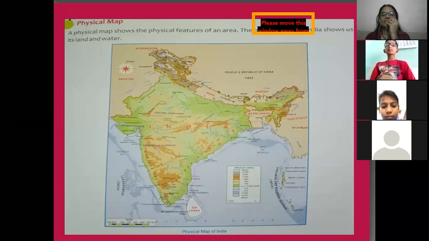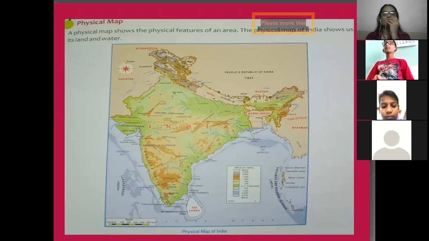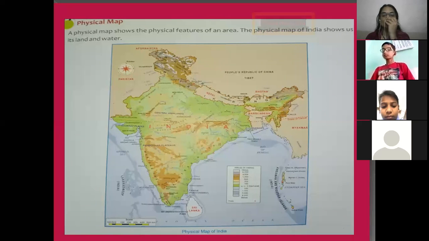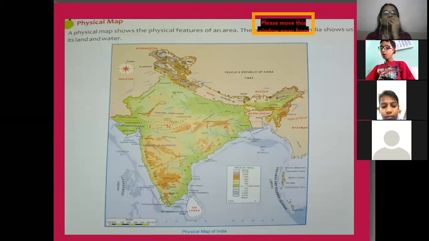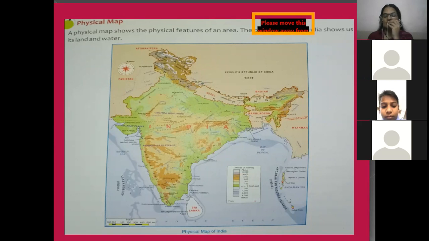His complexion is white or black. Such features are called physical features. In the same way, to know about India's physical features means to study about its mountains, rivers, plains, plateaus, coastal areas, islands. These are called the physical features of India.